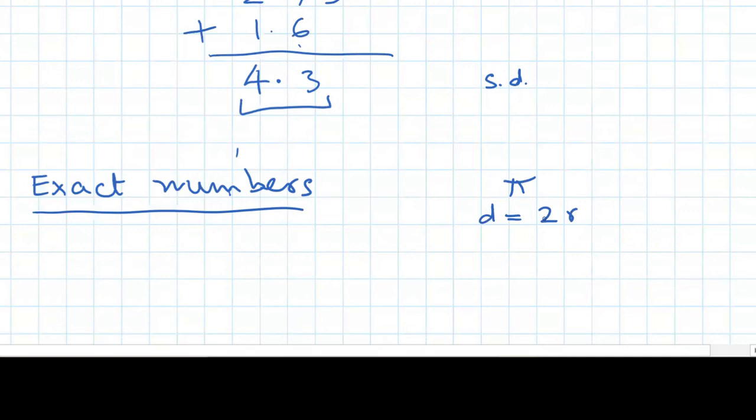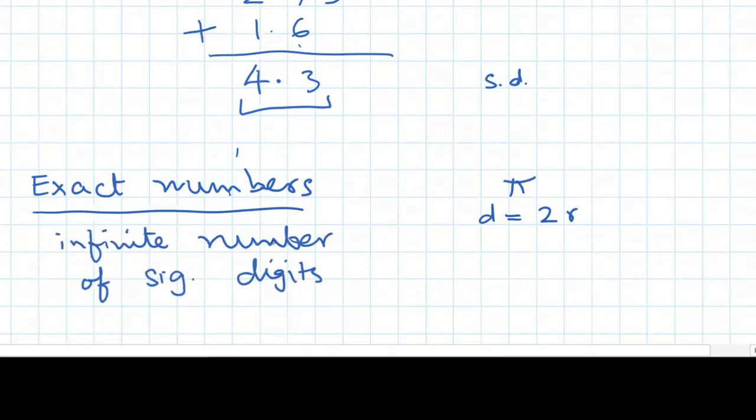Exact numbers have an infinite number of significant digits, because an exact number, you know exactly all the way. So if you say 2, it means 2.00000 forever. You know all of those digits exactly. It can't be anything else. There is no uncertainty.